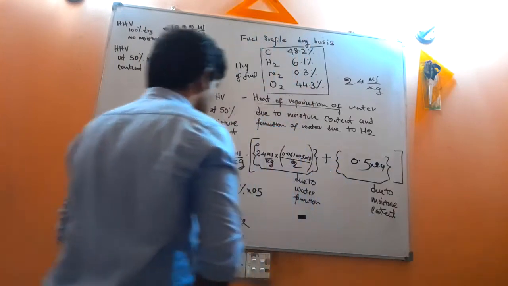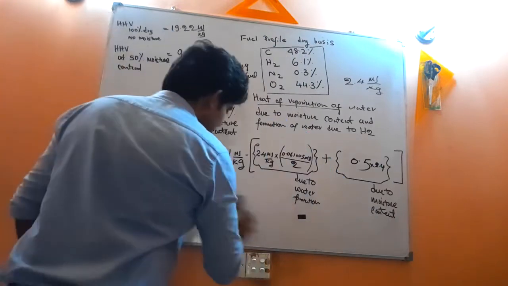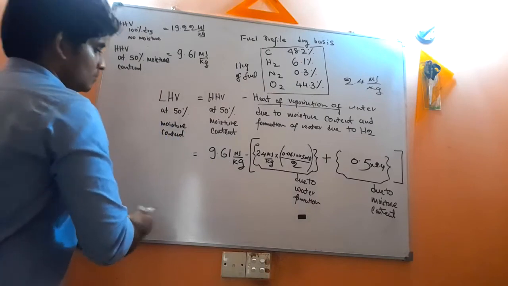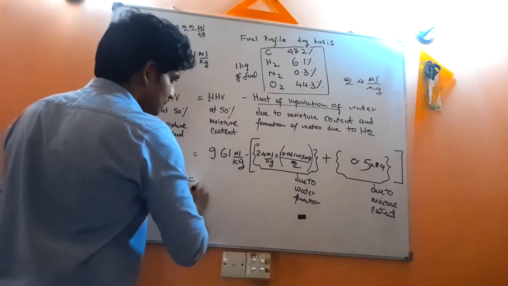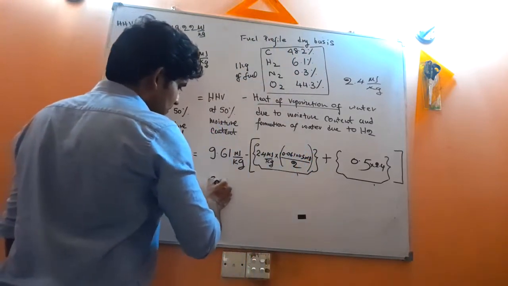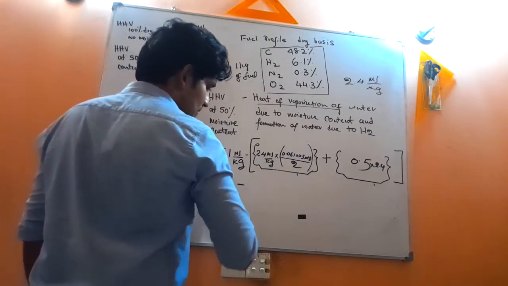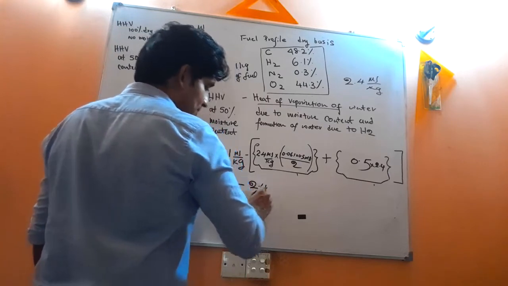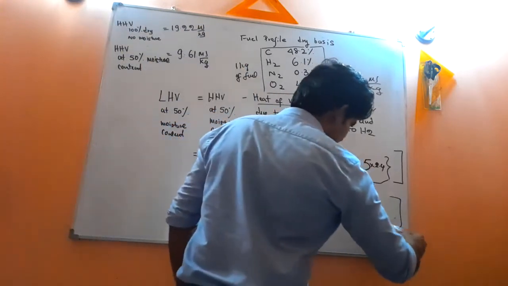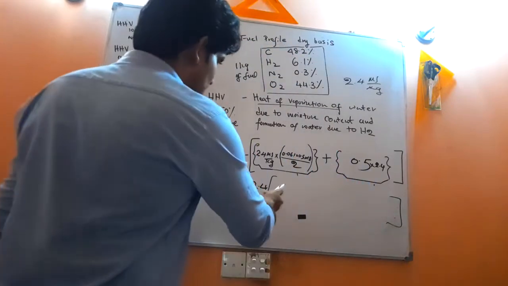So now I will rewrite again, right? It is 9.61 minus 2.4 times the heat of vaporization of water. I will put two brackets because then it is easy, I can take this 2.4 out.